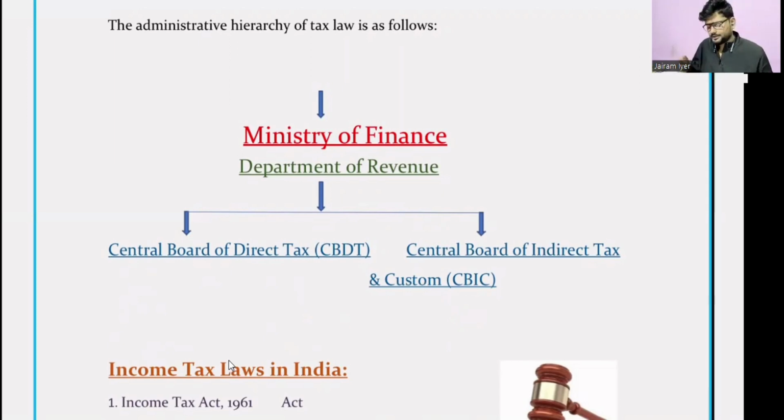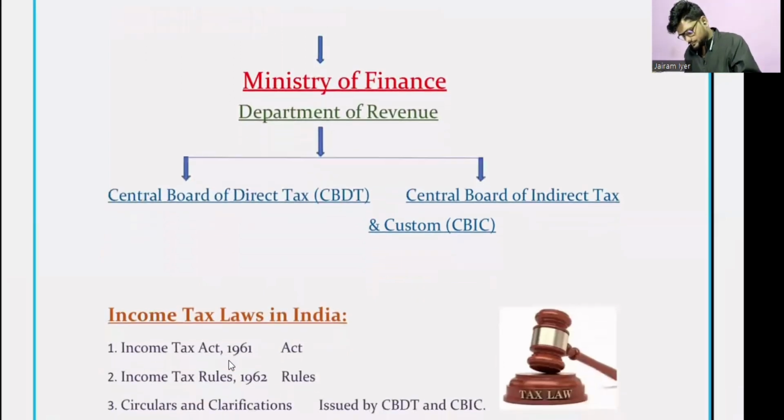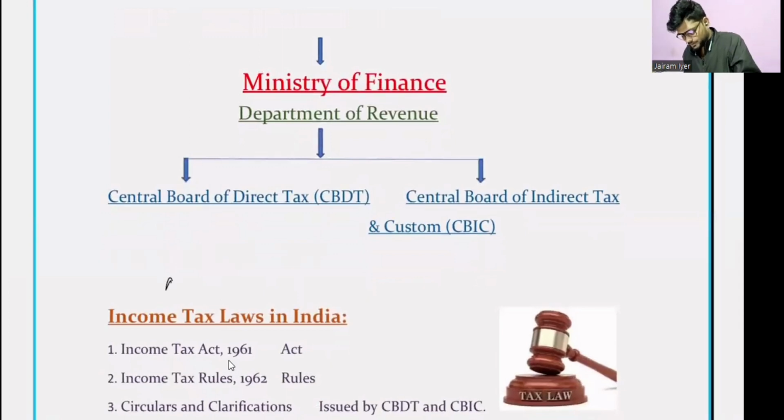Now, under this CBDT also, there is a hierarchy. There is a long hierarchy, but what we actually need in this hierarchy is one layer which is known as the assessing officer.